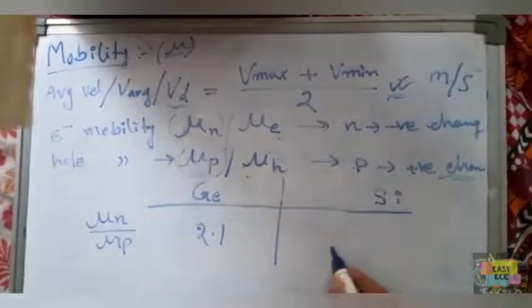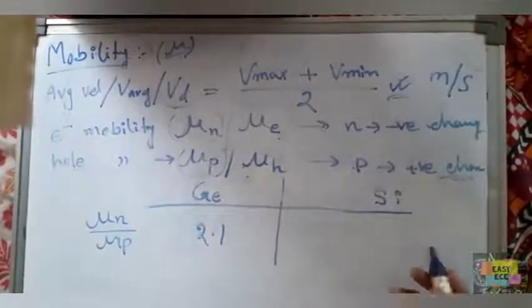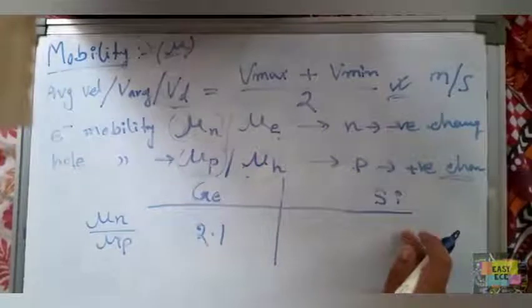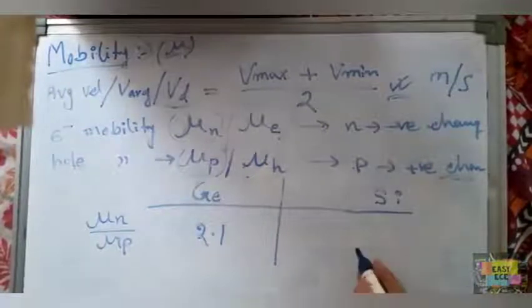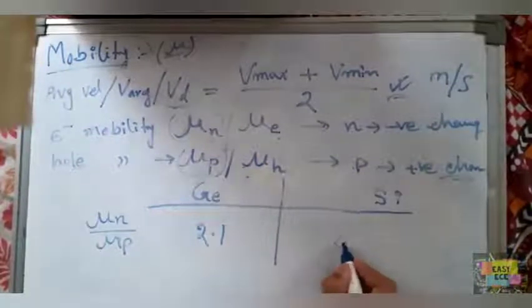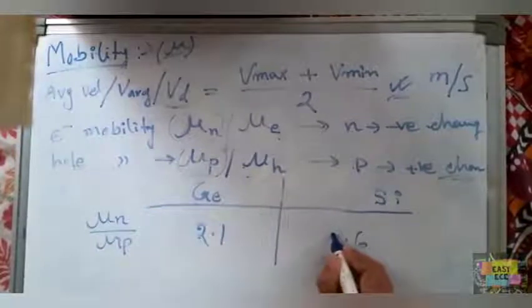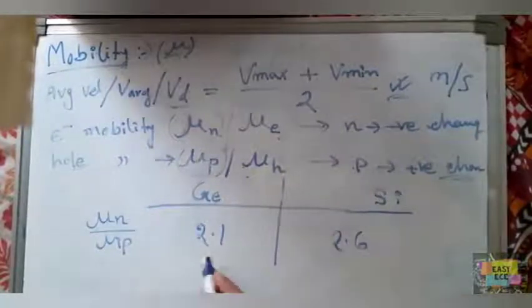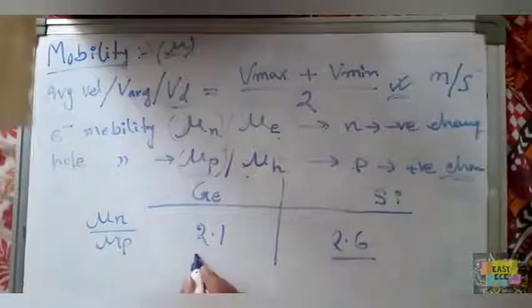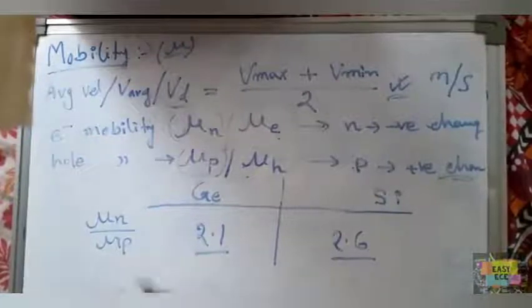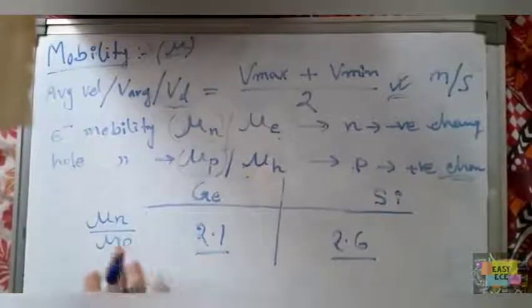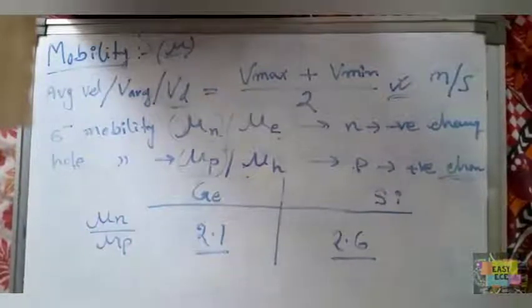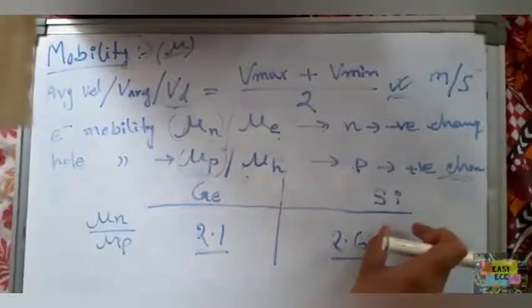For silicon, 1300 divided by 500 gives 2.6. You need to remember these ratios for numerical problems: 2.1 for germanium and 2.6 for silicon.